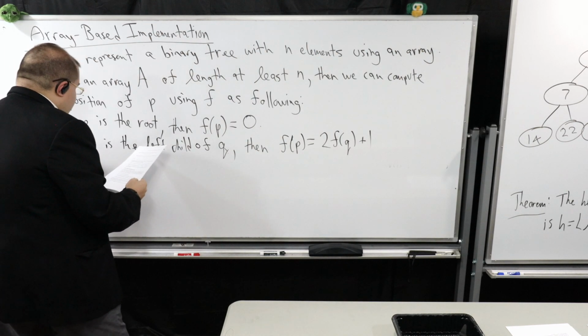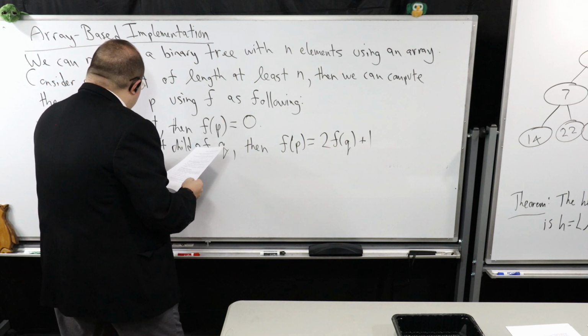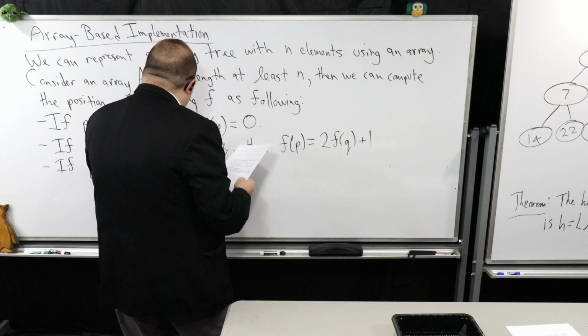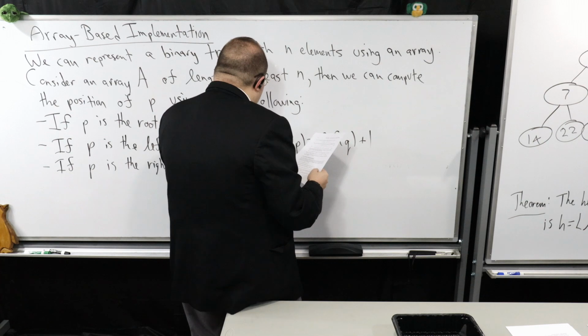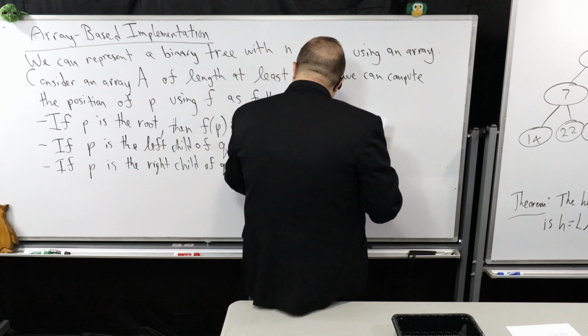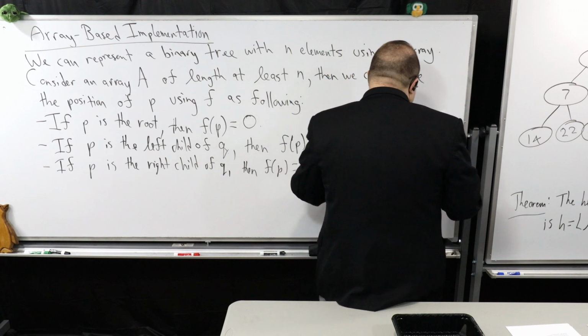And then naturally I need to describe what a right child is. If P is the right child of Q, then f(P) is just going to be one position higher, 2f(Q) plus 2.